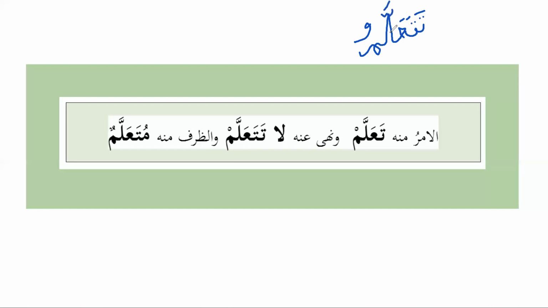So what do we do to make amr? We make the fi'l mudari lightest. So remove dhamma, put sukoon over here, and then we remove the ta of the fi'l mudari, anta version. So we remove the ta, but this ta that is remaining over here is from the family. Okay.